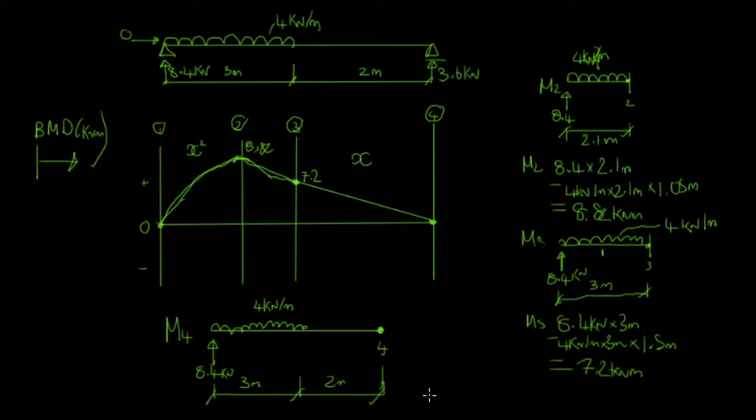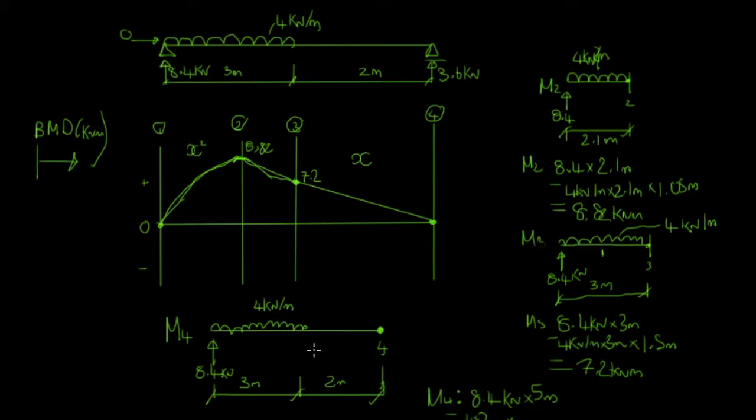So let's go M4. That's going to be 8.4 kilonewtons, and this time we've got a 5 meter lever arm back to our point 4, so times 5, and then take away the 4 kilonewton line load, which is actually across a whole 3 meters this time, so that's 4 times 3, which is 12.